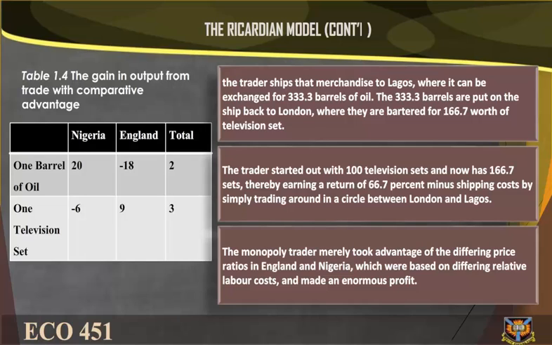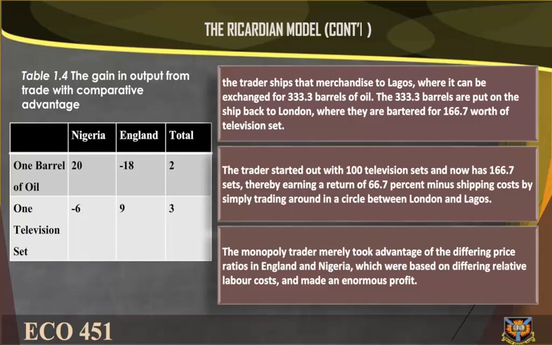The trader ships that merchandise to Lagos, where it can be exchanged for 3.3 barrels of oil. Take 2 barrels and put them on the ship back to London, where they are bartered for 166.7 television sets.